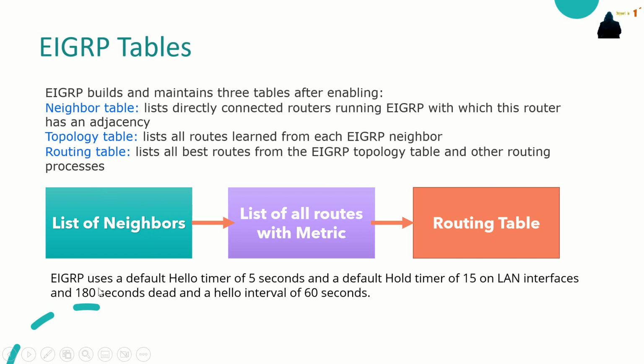Remember, EIGRP uses a default hello timer of 5 seconds and a default hold timer of 15 seconds on LAN interfaces, and a 180 second dead interval and a hello interval of 60 seconds.